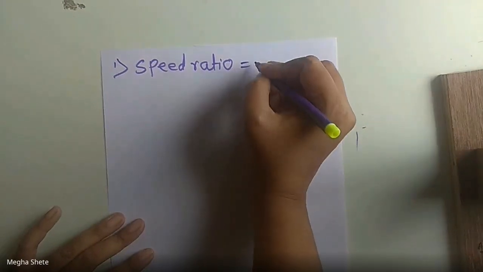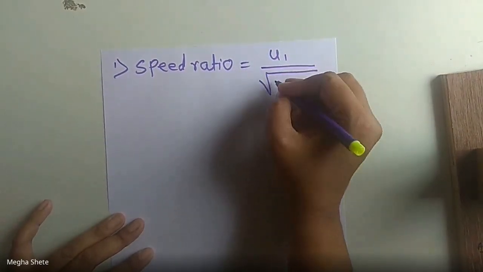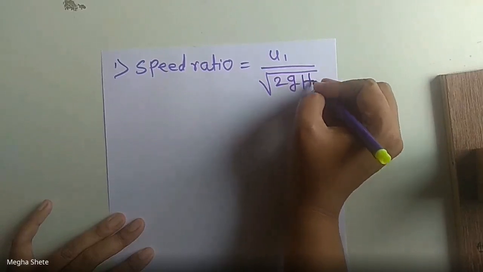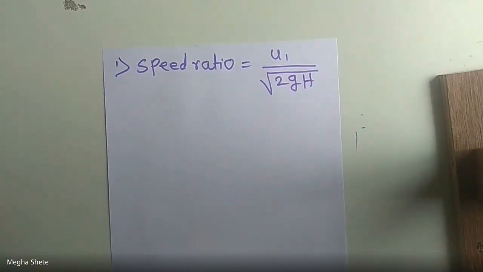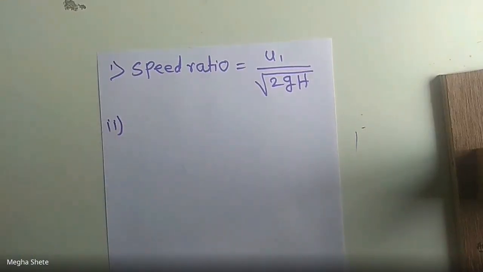Speed ratio is equal to U1 divided by square root of twice GH, where U1 is the tangential velocity of vane at inlet. Then the second formula is flow ratio.